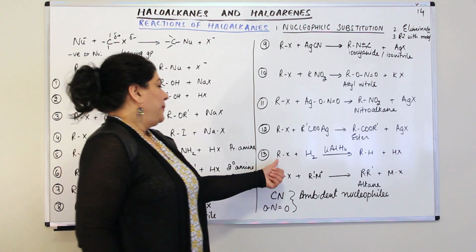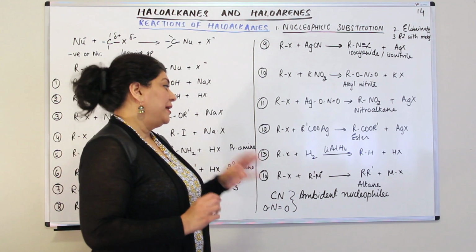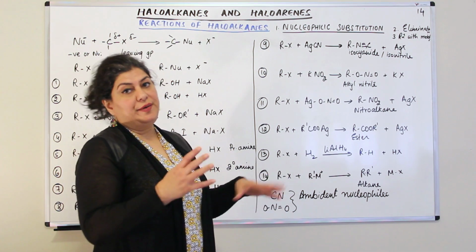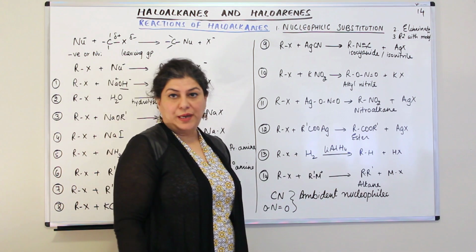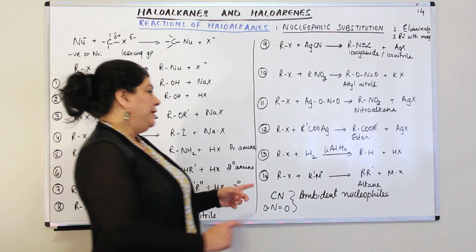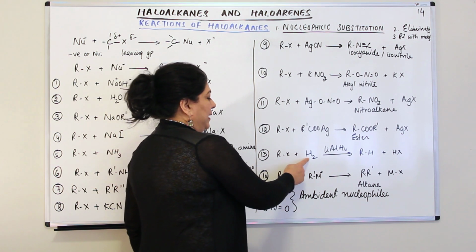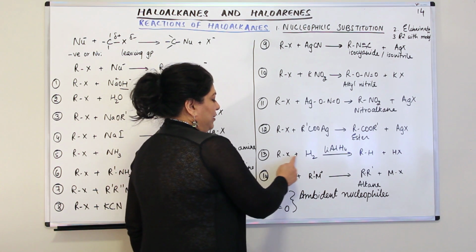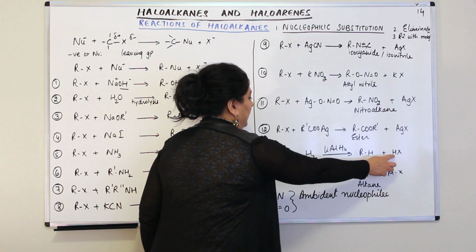Equation 13. Here you have the haloalkane, and we carry out the reduction. What is reduction? Reaction with hydrogen is known as reduction. In the presence of lithium aluminium hydride, we carry out the reduction of the haloalkane. Here, one of the hydrogens will take the place of the halogen, and the halogen will go and combine with the other hydrogen.